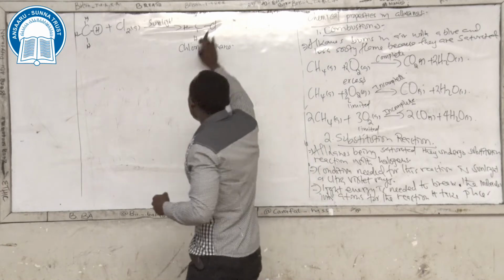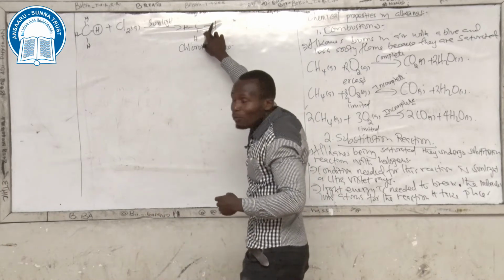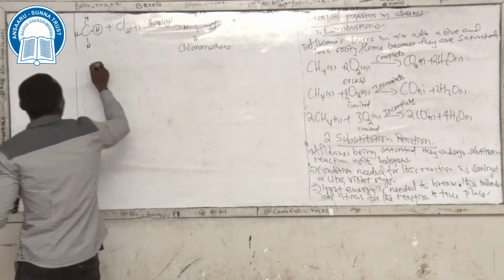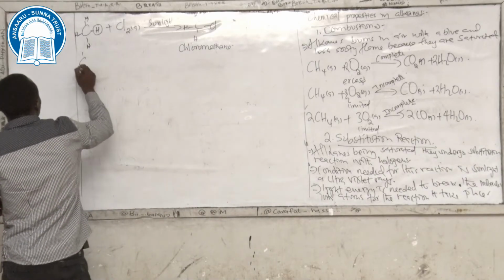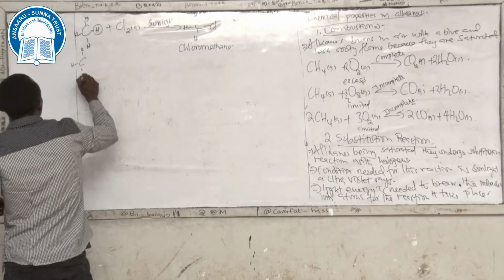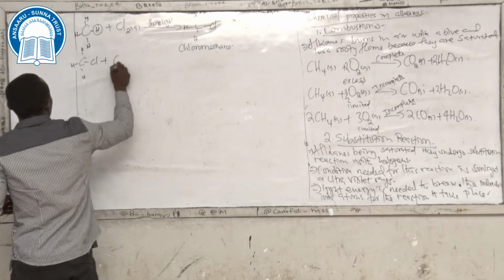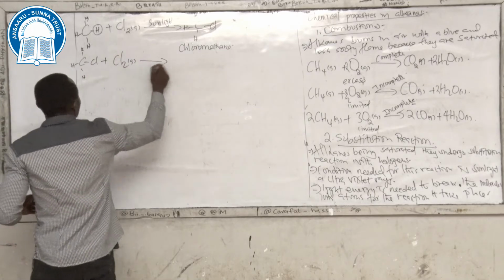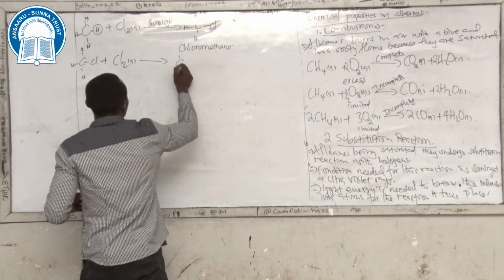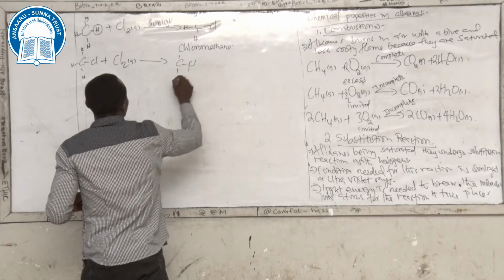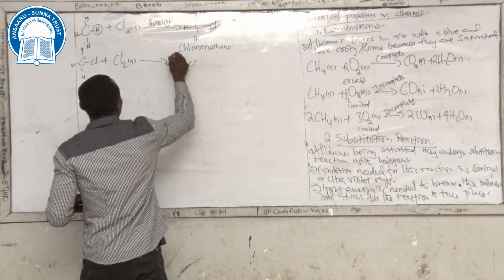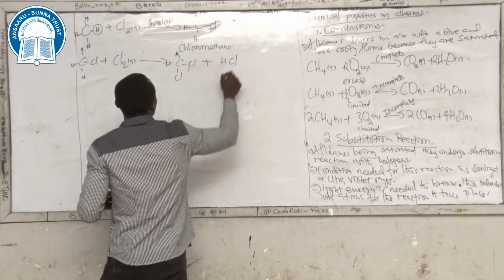For example, we take the product that has been formed here, chloromethane, and add more chlorine. So we have C, hydrogen, hydrogen, hydrogen, chlorine, we add another chlorine, this gives us C, chlorine, chlorine, hydrogen, hydrogen, plus the hydrogen chloride.